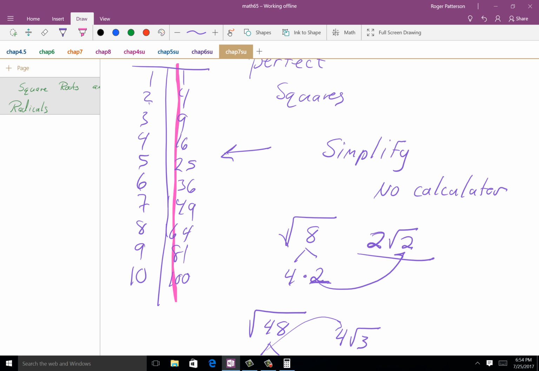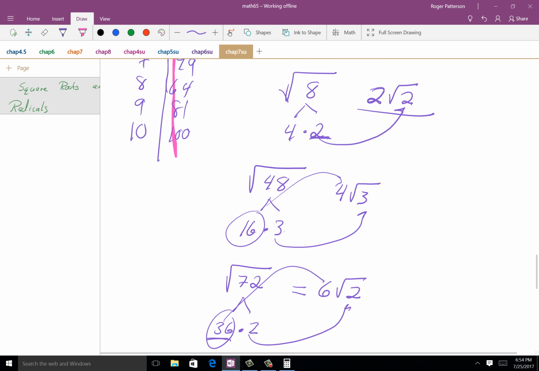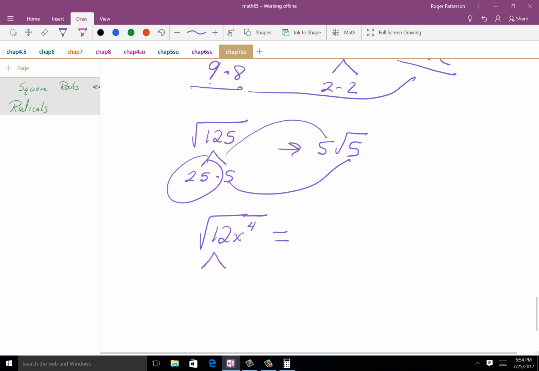See, 6 is not in this chart. It's got to be these numbers. 4. So 4 goes in there how many times? 3 times. So here's what I'm going to do. First of all, I'm going to put the 3 inside. I know that stays. The square root of 4 is 2.